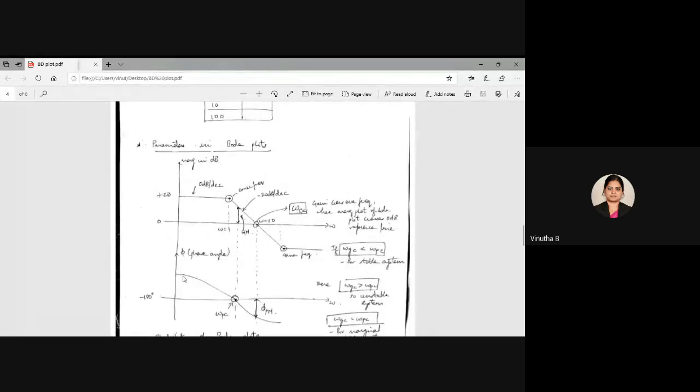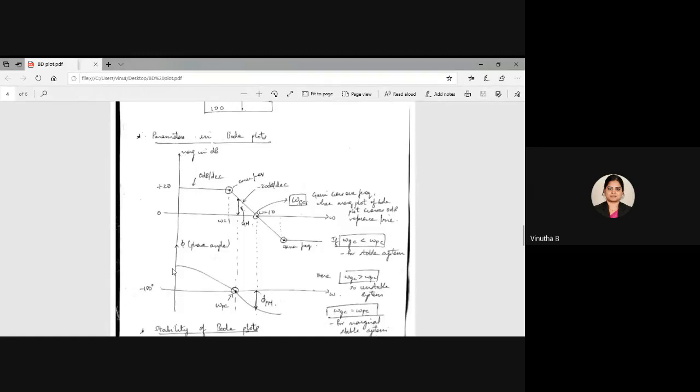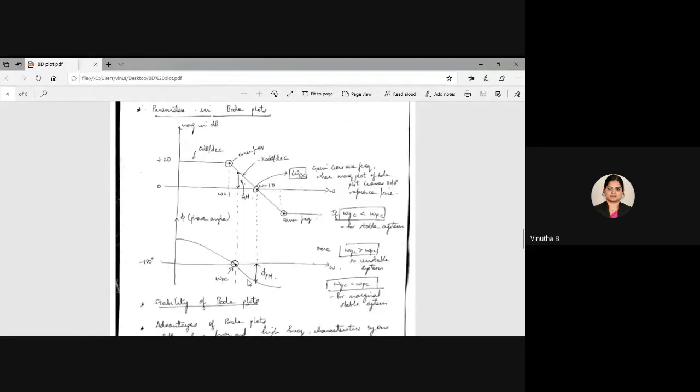When you join those points, you get a curve like this. From the gain crossover frequency, if you drop a line, you will find the phase margin. Similarly, from the phase crossover frequency, when you draw a line extending upwards, you will get the gain margin. That is how we find the gain crossover frequency, phase crossover frequency, gain margin, and phase margin.